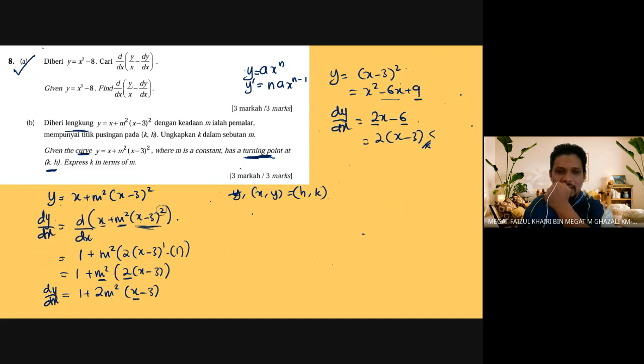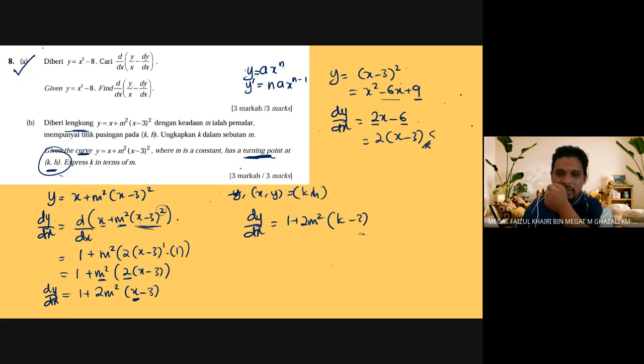So dy/dx equals 1 + 2m²(x − 3), where x is k here.